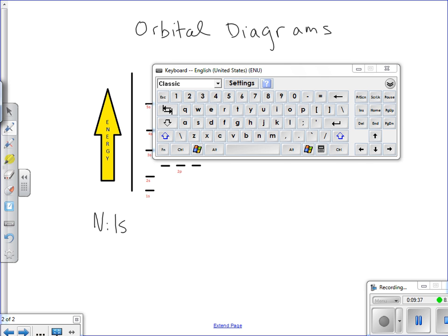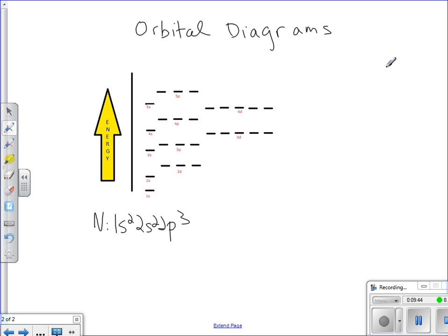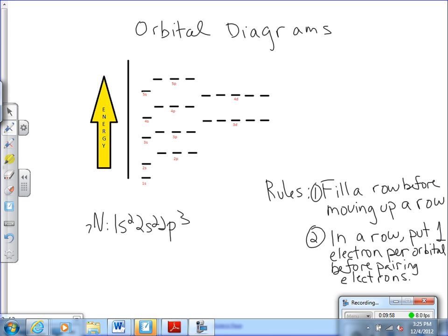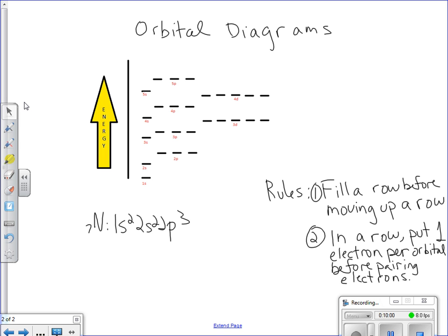So we need to put all these electrons into the orbital diagram, and the rules are, we'll write out our rules. All right, so here are our rules. We have to fill a row before moving up a row. And within a single row, we have to put one electron per orbital before we pair electrons. You'll see what that means in a moment.